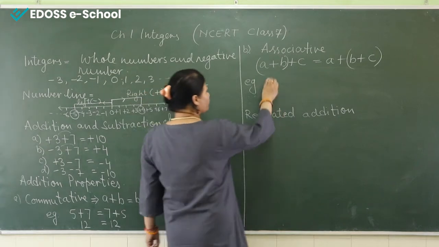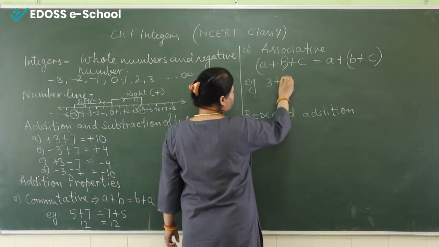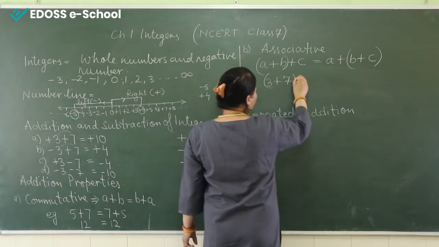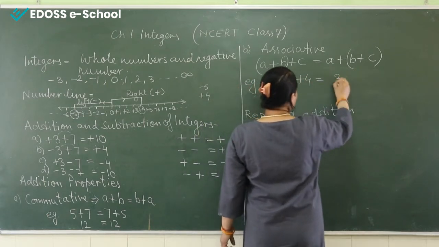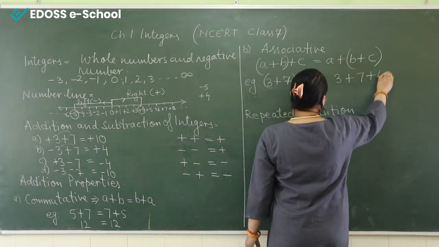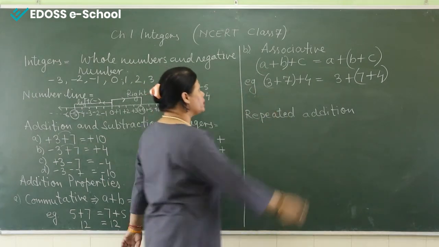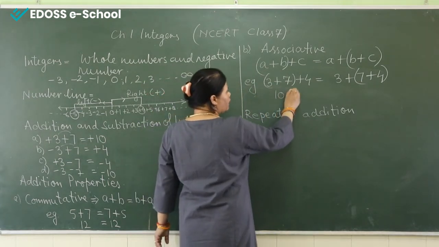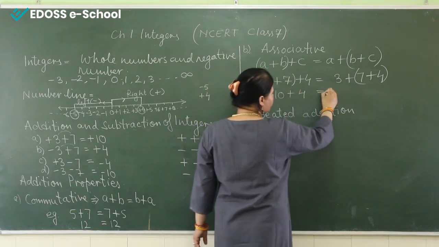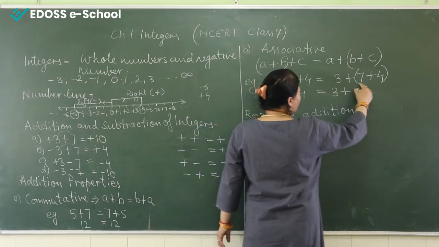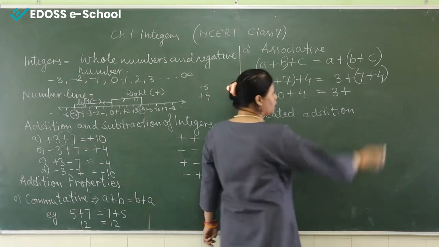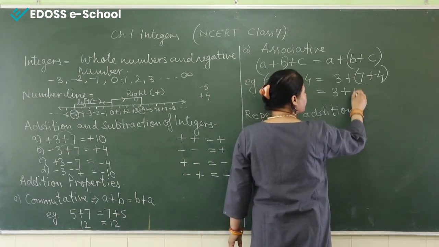Here I am taking one example: 3 plus 7 plus 4, and again I am writing 3 plus 7 plus 4. With the associative property, first you add these two numbers, 3 plus 7 is 10, plus 4. And here, write down 3 as it is and add the two numbers, 7 plus 4 is 11.